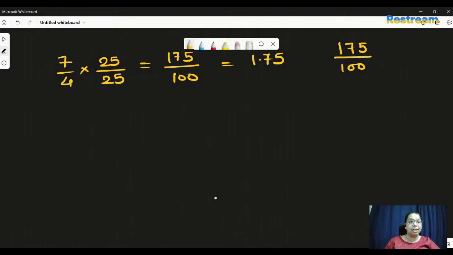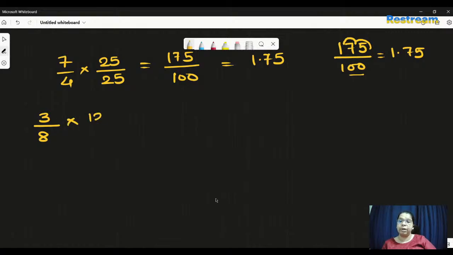I'm going to pretend that there is a decimal point over here, and that decimal point will jump to the left by the number of zeros in the denominator. So it is going to be jumping 1, 2. So it is 1.75. Now let's say I have 3 over 8. So I'm going to multiply 3 over 8 with 125, because 125 times 8 is 1000. So I'm going to have 1000 in the denominator.